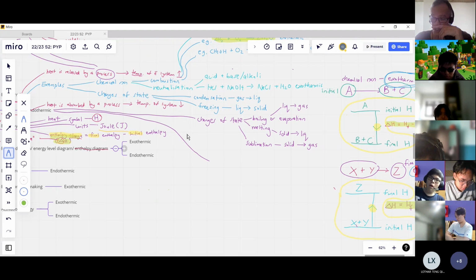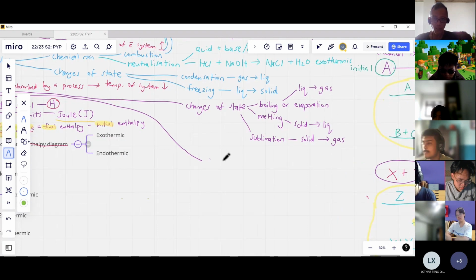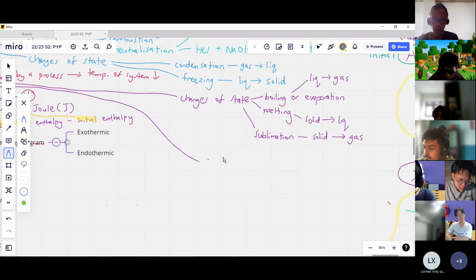It's not so common, but this particular one, let me just zoom in. Dissolution of certain salts.